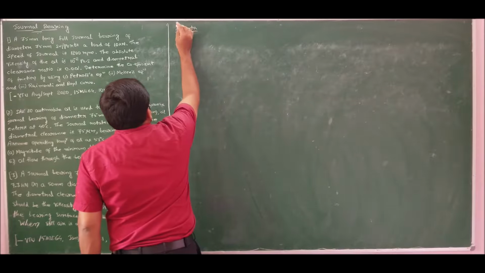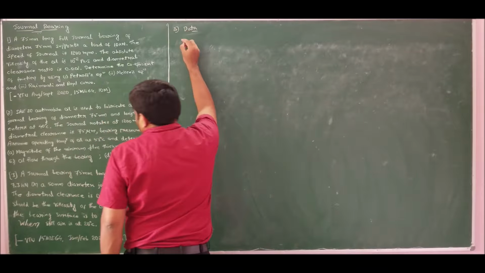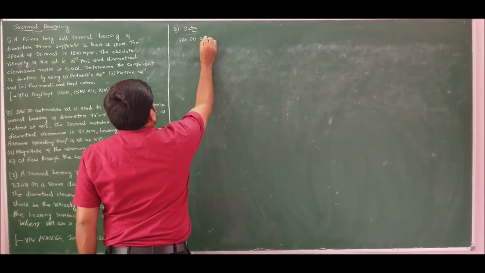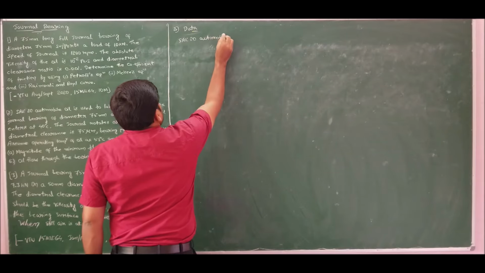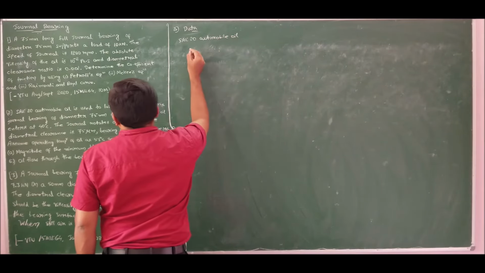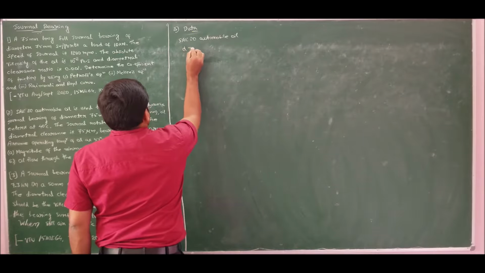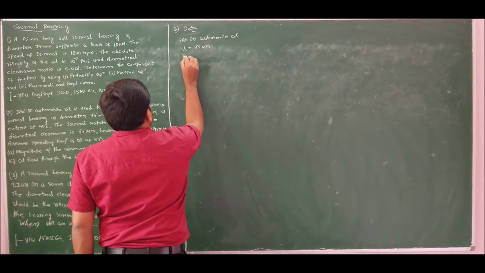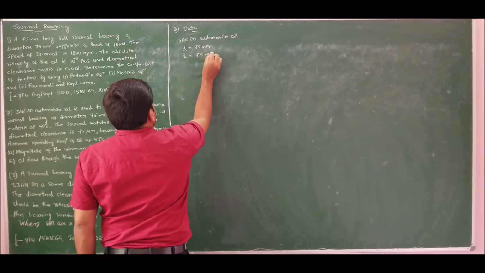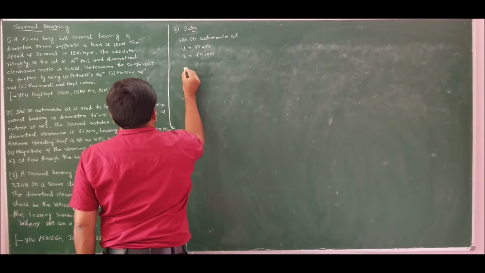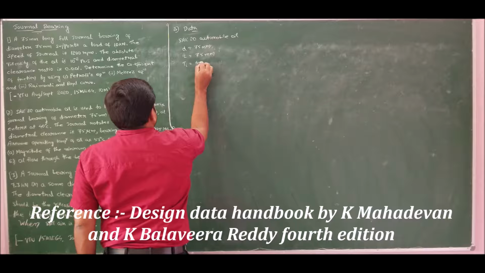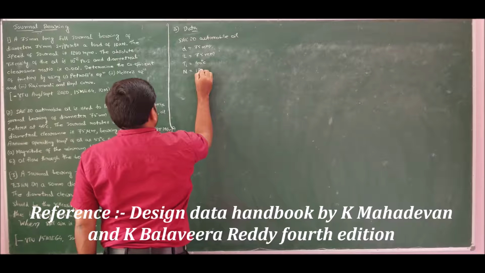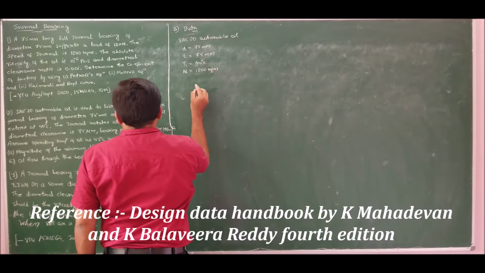If I move to the data given for problem number 2, we have SAE20 automobile oil, with diameter of 75 millimeters and length L also 75 mm. The entry temperature Ti is given, which is 40 degrees Celsius. The journal rotates, since it is in RPM it is given as capital N, which is 1200.